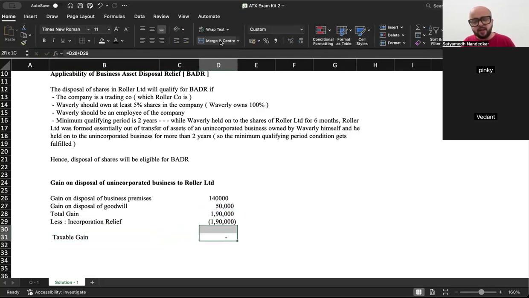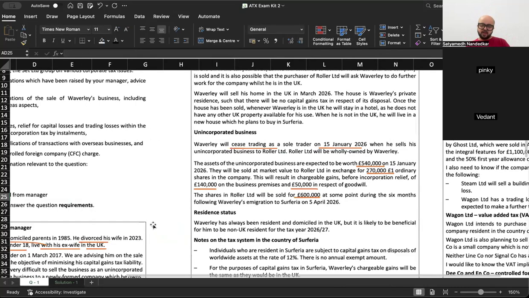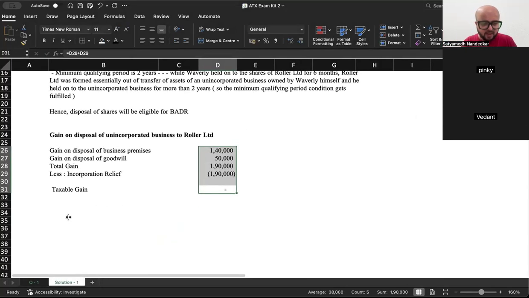Now understand one thing: whatever is the amount of incorporation relief claimed, that incorporation relief has to be adjusted against the cost of the shares that you are getting. The assets of the business are expected to be worth 5,40,000, and in exchange you are getting 2,70,000 ordinary shares in Roller Limited.